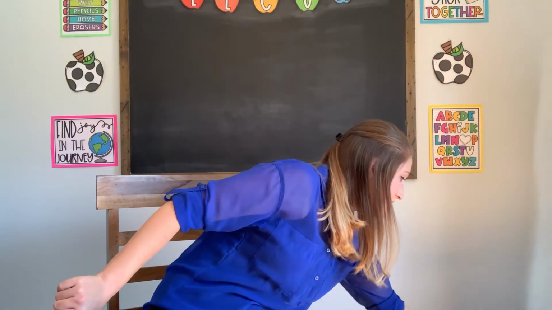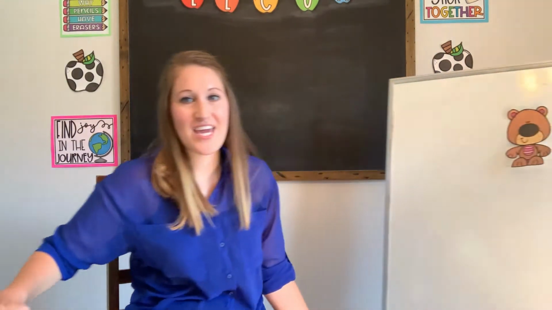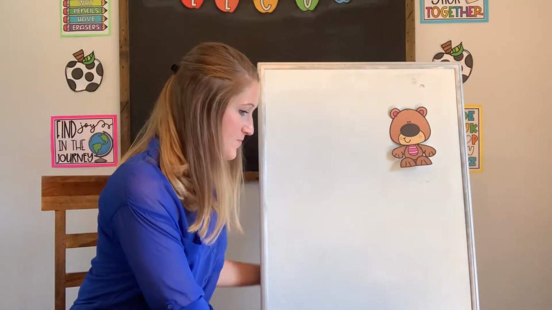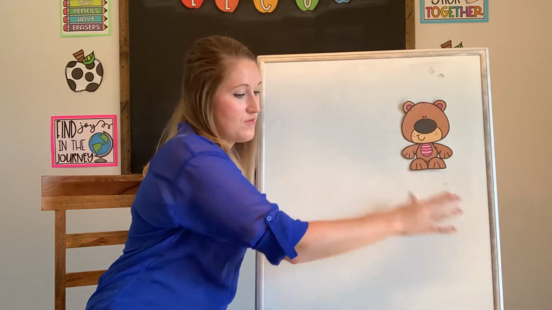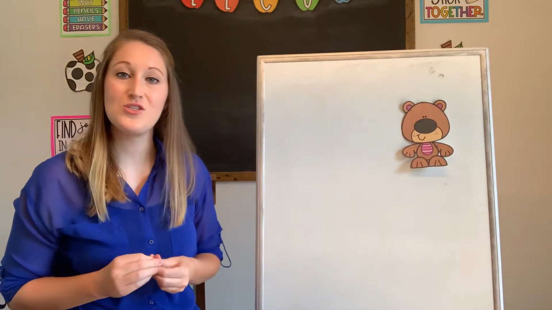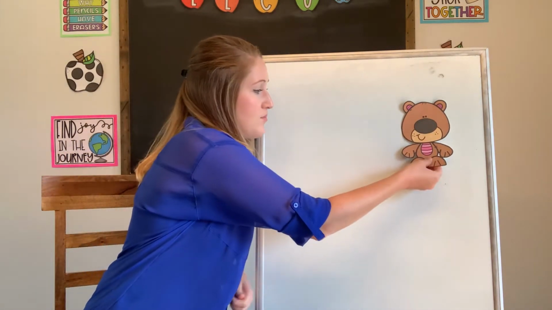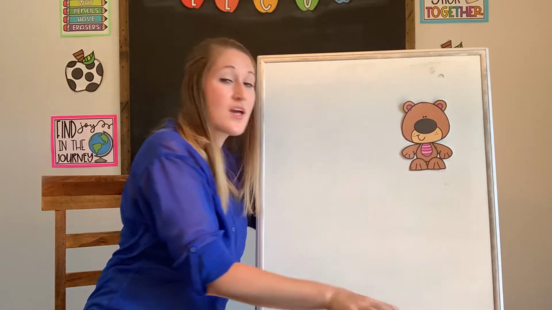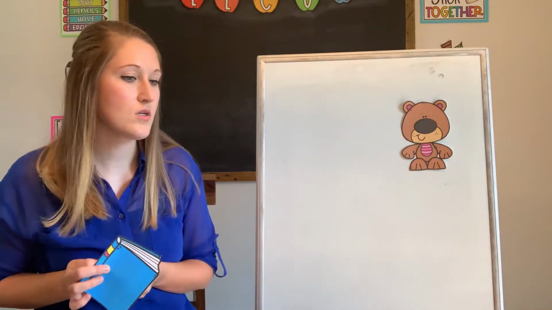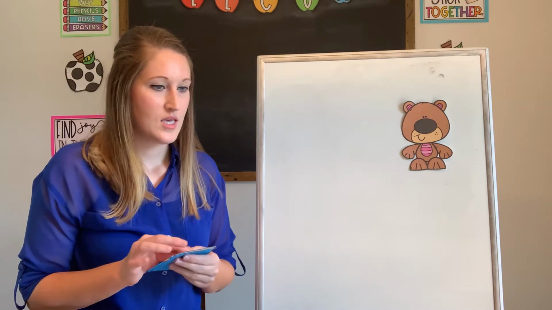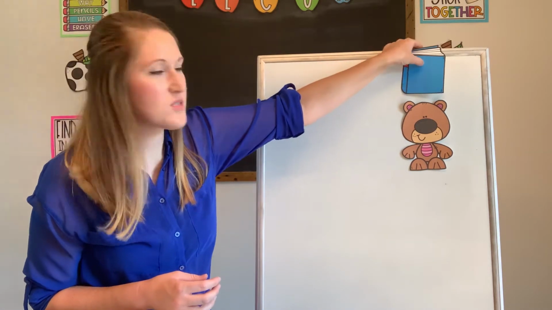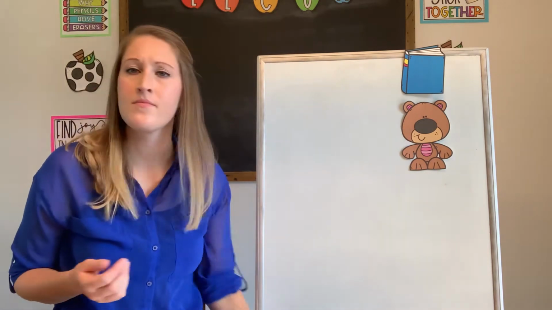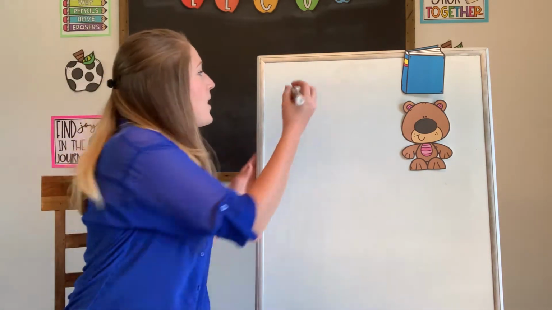So let's look over here at my handy dandy bear, and we're going to create a list as we move the book in relation to the bear. Let's stick him down a little. He seems to be sticking up. So I have this book. My book is where? Where's my book right now? Good, it's above.